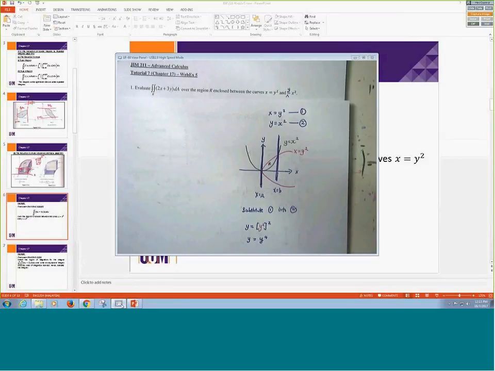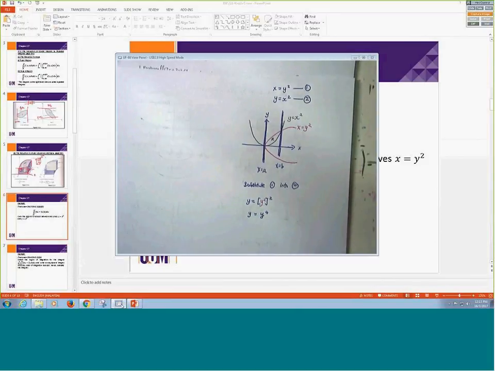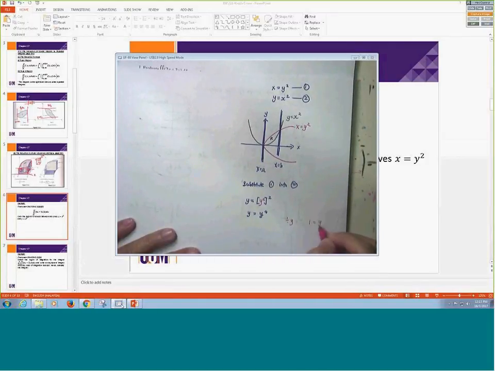Don't simply cancel y to get 1 and say y equals 1, because we do not know whether that is valid. I'll show this is wrong: if you divide by y, you get 1 equals y cubed, and then y equals 1. Then possibly you will lose one factor, because if y equals 0, you cannot divide by 0. So don't do it like this.